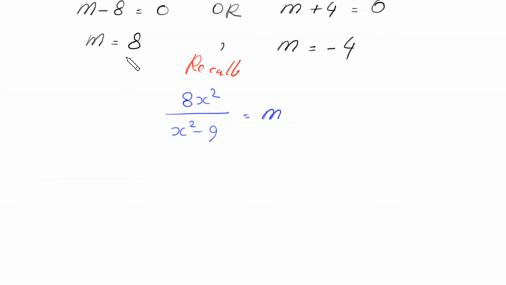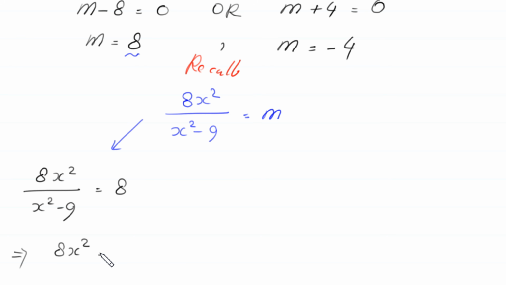So when m is equal to 8, then this equation will become 8x squared over x squared minus 9 is equal to 8. And if we multiply both sides by x squared minus 9, this implies that 8x squared is equal to 8 times x squared minus 9.